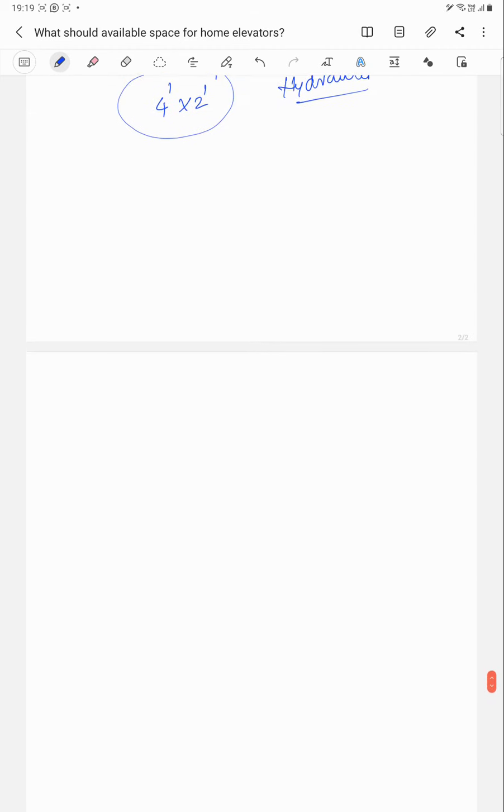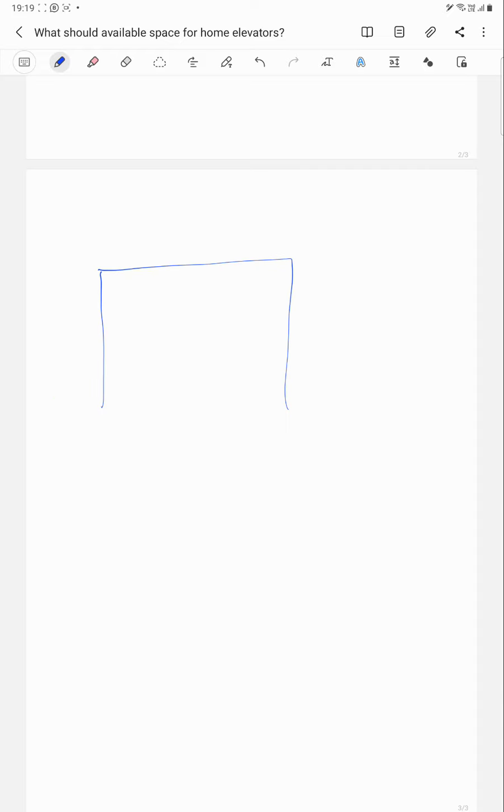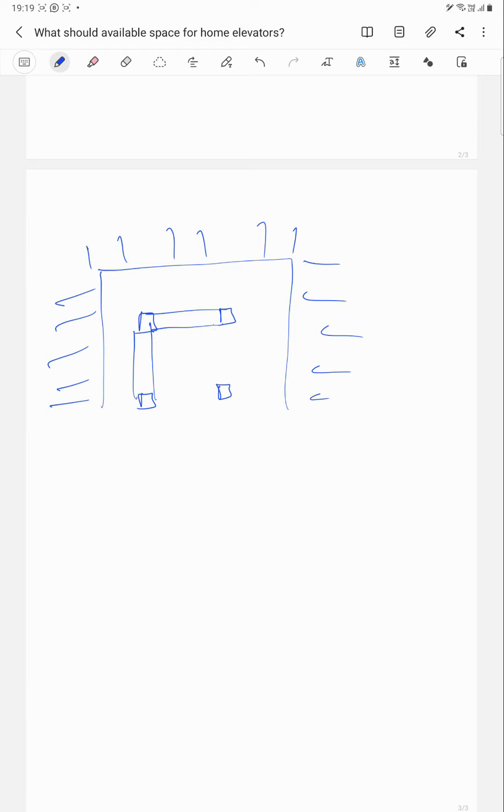What is structure? Suppose we need to install an elevator in between the staircase. There is no wall support, so we'll go for an iron structure. We'll use 4 iron columns, and then we make an iron shaft.